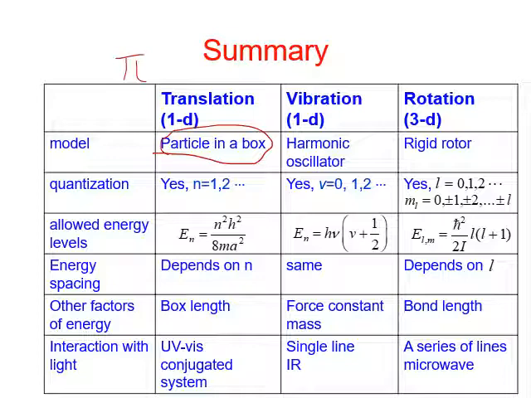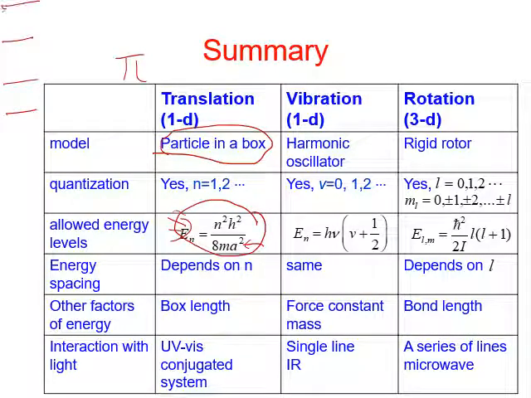Combined with a boundary condition, we show that only certain energies are allowed, and this is called quantization. The allowed energy is calculated by the quantum number n squared, Planck constant squared, divided by 8ma squared. a is the box length, and for a pi electron molecule, that's the length of the molecule where the electrons can move freely. And so the energy spacing is not equally spaced according to this equation.